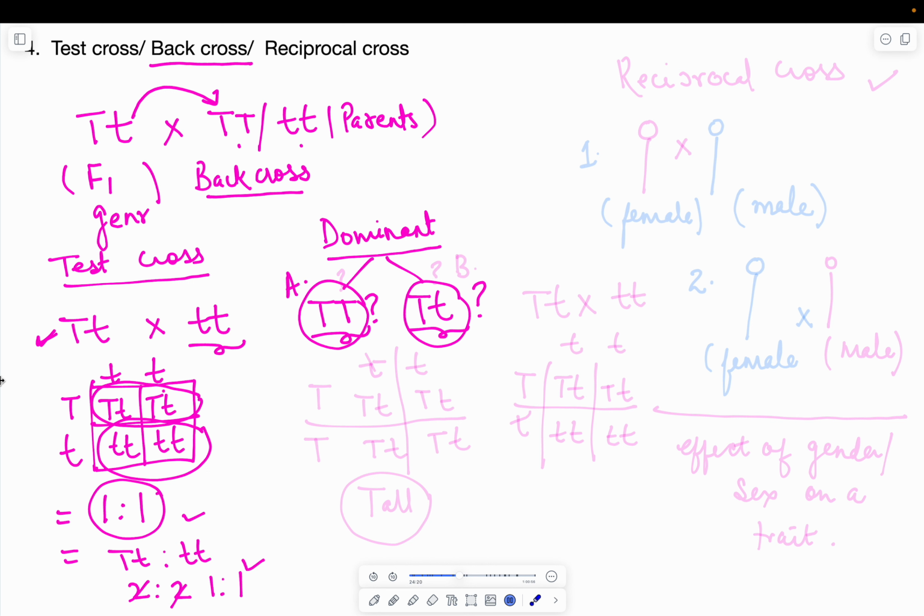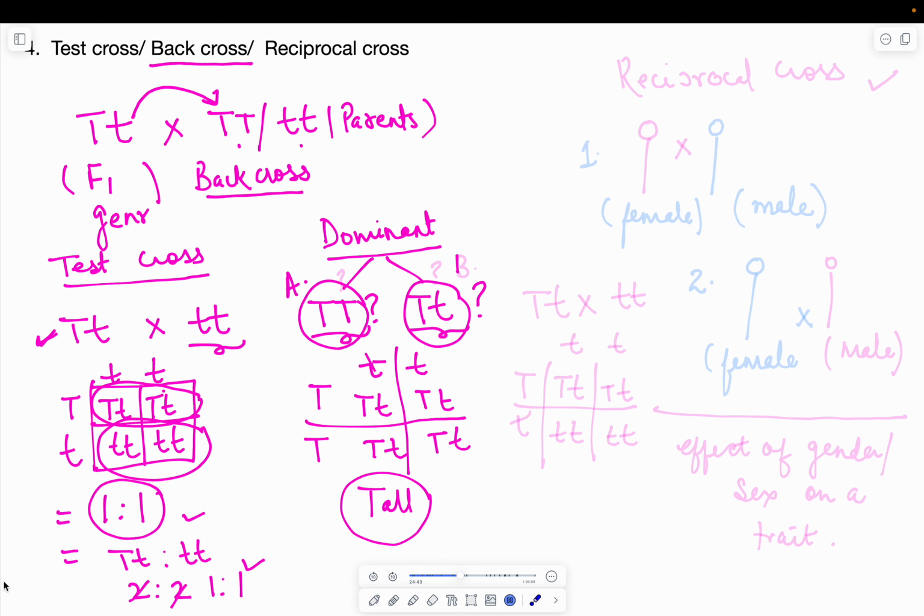In this case, if you draw the Punnett square and cross it with the recessive parent, the possibility will be that all individuals produced in such a cross will be tall. All the individuals will be tall.